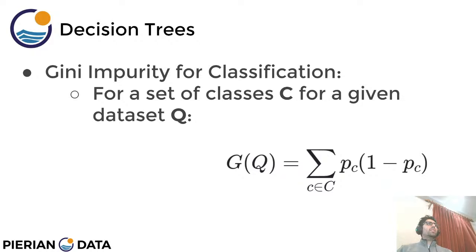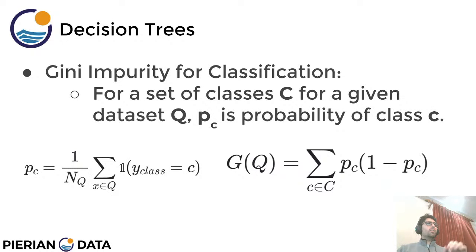It says for a set of classes C for a given data set Q, where P of C is the probability of class C. Now, this looks kind of hard to read, but it's not so bad. We're going to work through an example of this, so don't worry if you don't understand it quite yet.